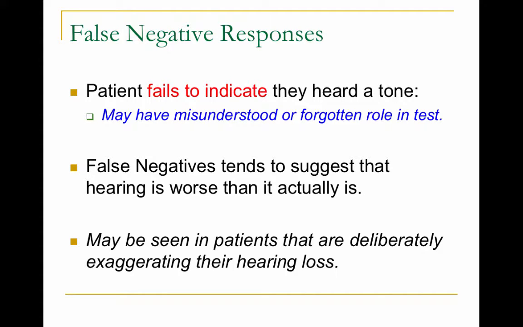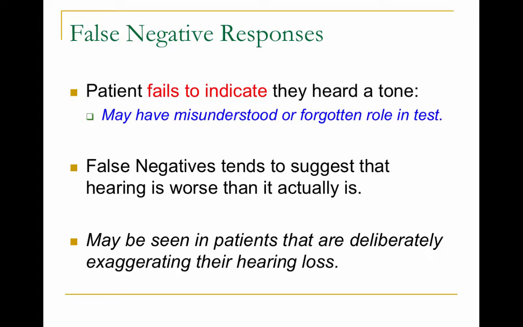A false negative is when a patient fails to indicate that they heard a tone. They may not have understood the directions, or they may not be paying attention. A false negative tends to suggest that a person's hearing is worse than it actually is, and it may also be seen in patients who are deliberately exaggerating their hearing loss.